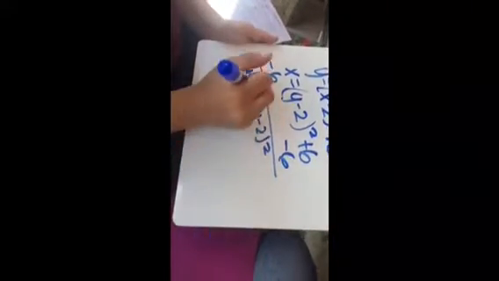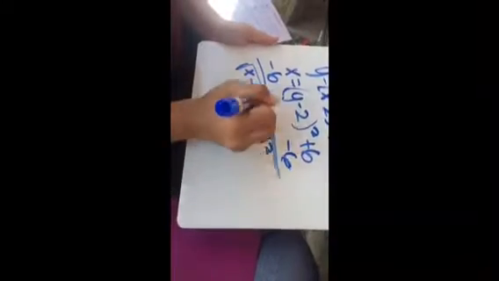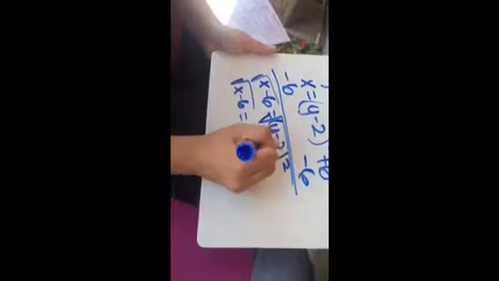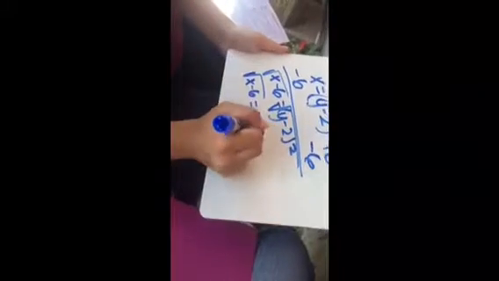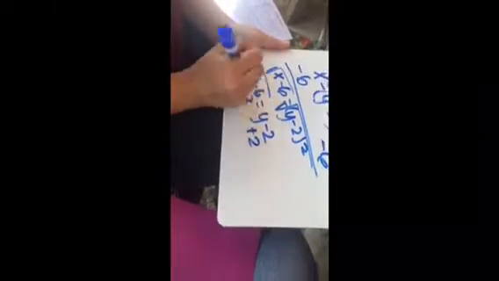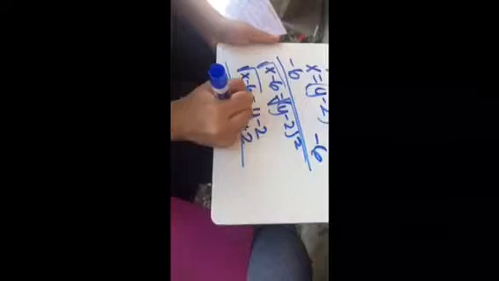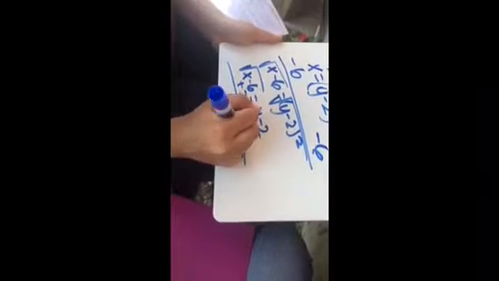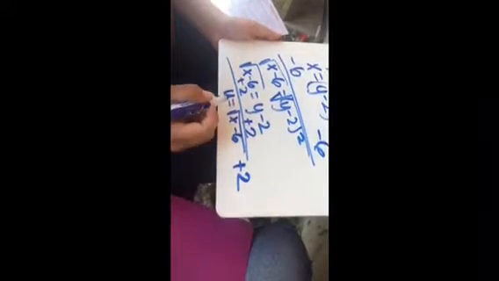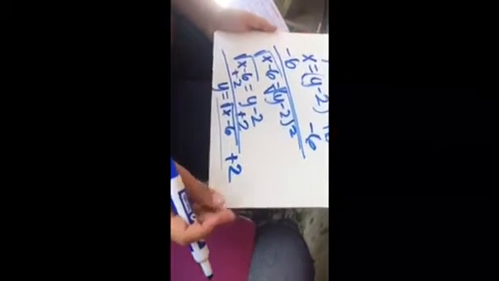And you're going to have to square root each side. So you're going to get the square root of x minus 6 equals y minus 2. And then you are going to add 2 on each side. And then you're going to get y equals the square root of x minus 6 plus 2. And this is what you get at the end.